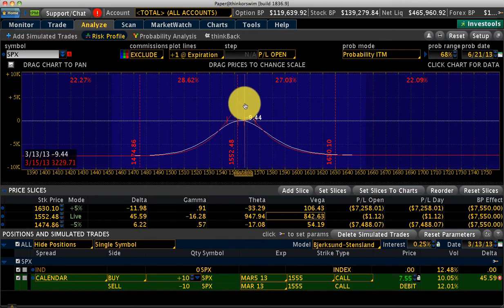But we may not hold it for after close, because remember, the SPX monthly options, their opening print on Friday morning is what determines the option prices. So you don't want to take that risk overnight. So tomorrow, if this trade is going well, if this thing is going right into our profit zone, we may have a profit of about $2,000, $3,000, and we would want to close the trade out at that point. So that's the calendar trade. I'll keep you updated on this.